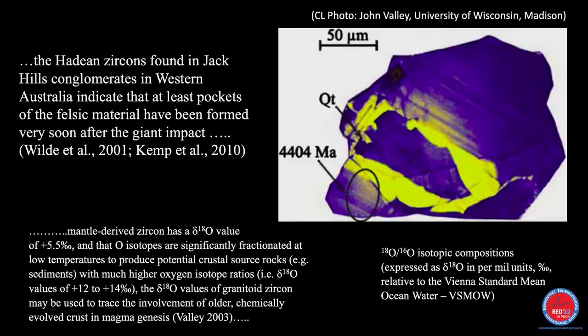interpreted, 700 degrees Celsius, maybe we should look at the felsic pockets within Jack Hills zircons. And here I need to tell you that a very good geochemical tool to interpret whether the magma is evolved or not, and what the magma source for the pocket was, is oxygen isotopes.